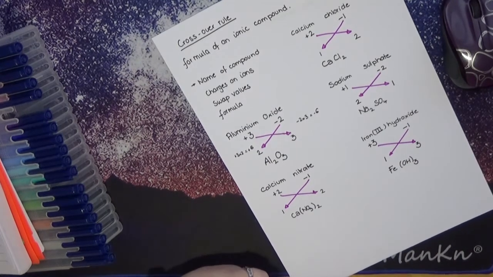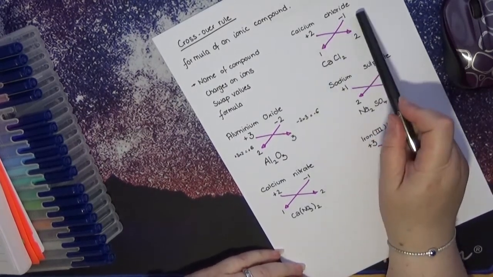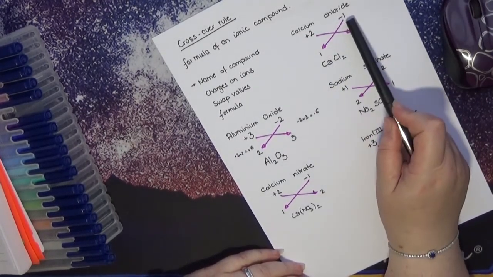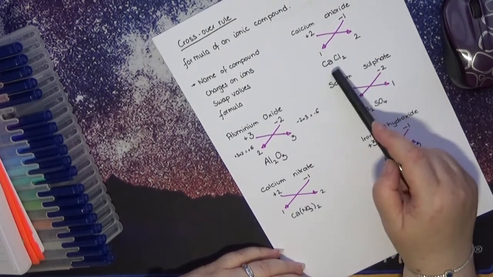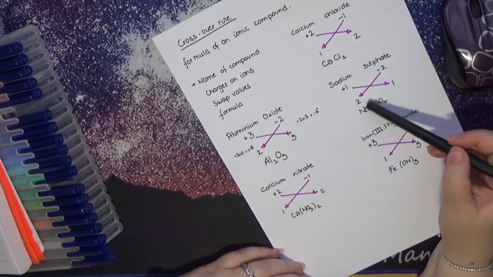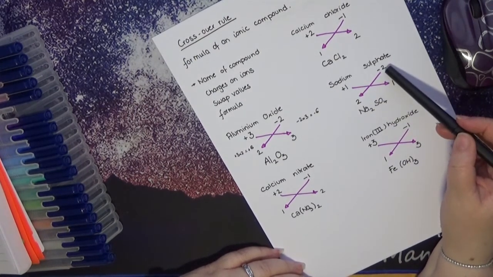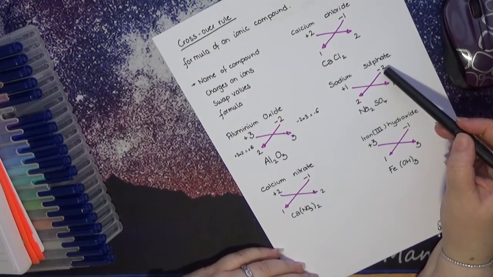So, crossover rule. What it allows you to do is work out the formula of any ionic compound. You start with your compound name, your charges on the ions, you swap over the values, and then from that you use it to write a formula. If you've got compound ions in there, you need to know their charges. You can see the compound ion sulfate, SO4 with a -2 charge.